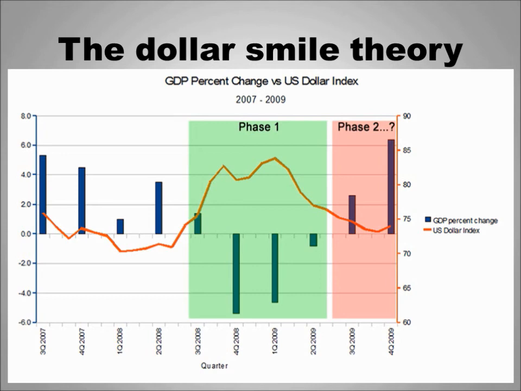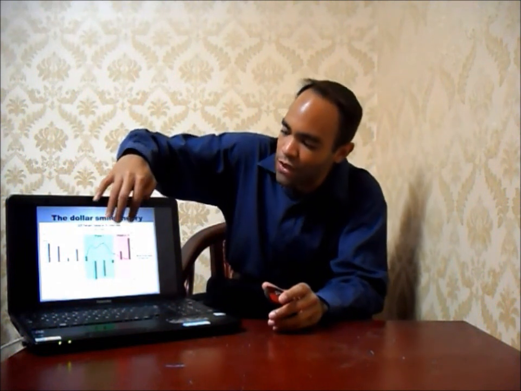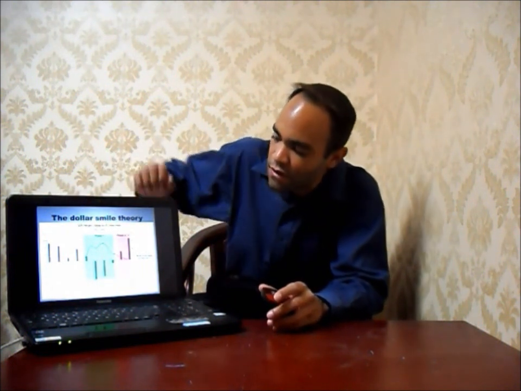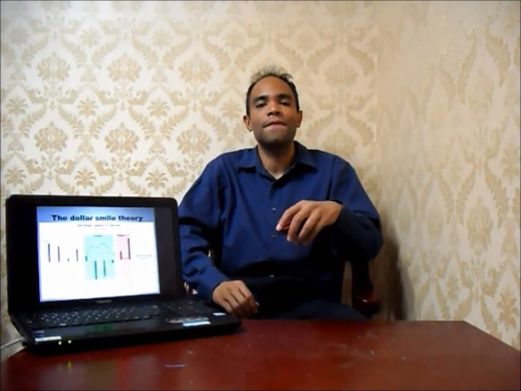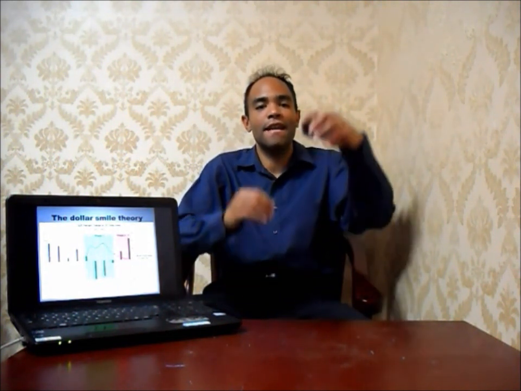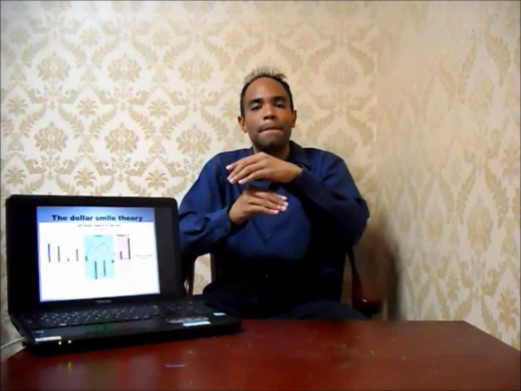However, if the gross domestic product is low, meaning the US economy is in recession, there's a lot of volatility in the value of the US dollar as it's actually shooting in a bullish trend. However, as we can see in phases 2, 3, or all the other phases, the US economy has entered a recovery and the value of the US dollar has actually lowered, but not too low, but lowered to where it should be.